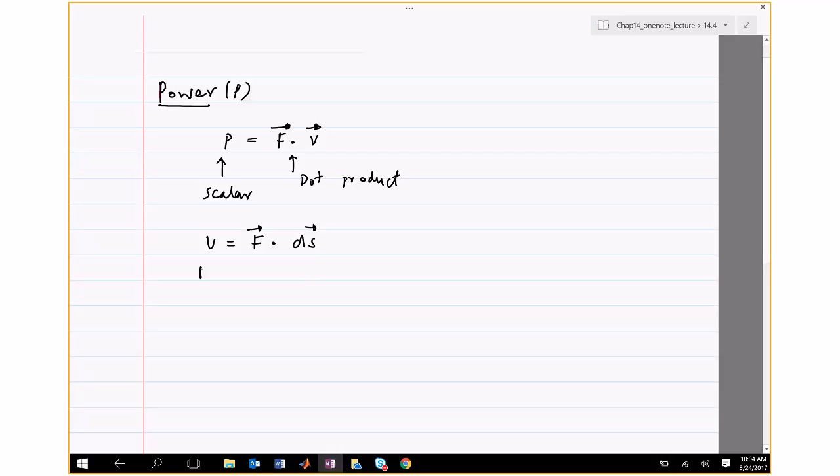So power is the time derivative of that, and that is V. I took a shortcut, I did not quite derive it, but you take the derivative of F with respect to time, which is 0, and then the derivative of s with respect to time, which is v, and that's how you get F dot v.